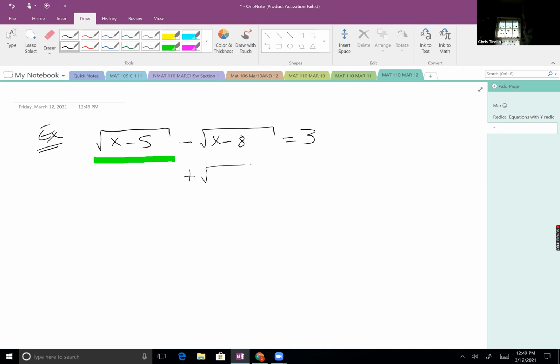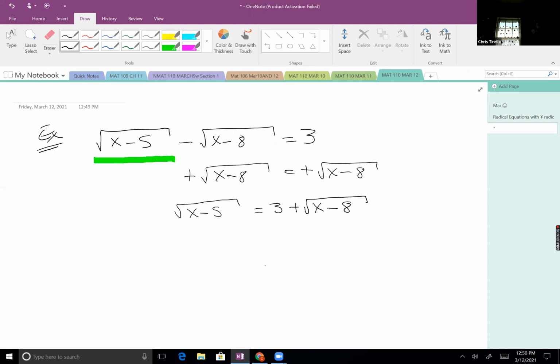So I'll add the square root of x minus 8 to both sides, giving me the square root of x minus 5 equals 3 plus the square root of x minus 8.